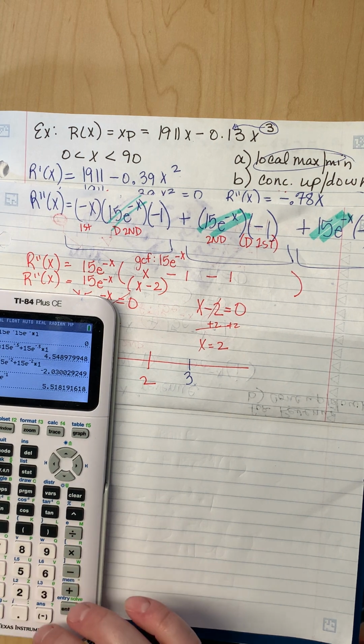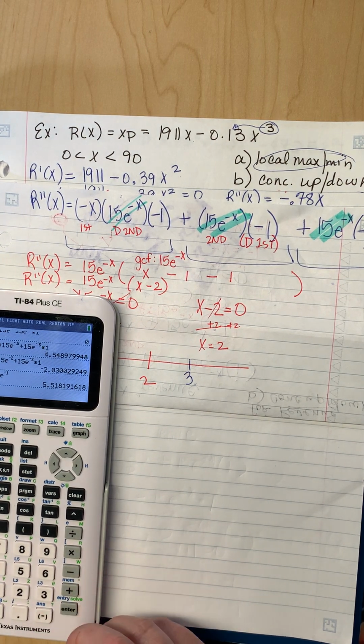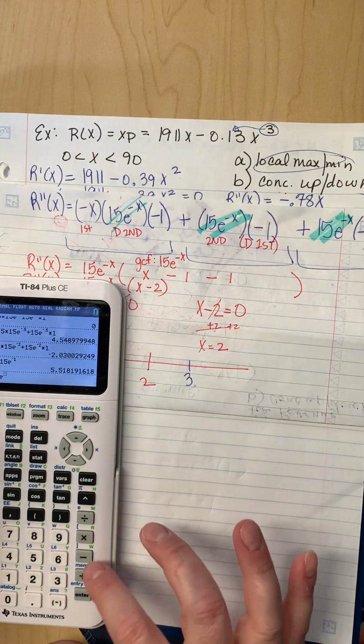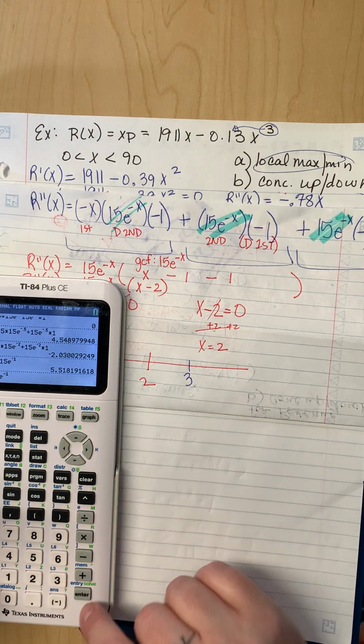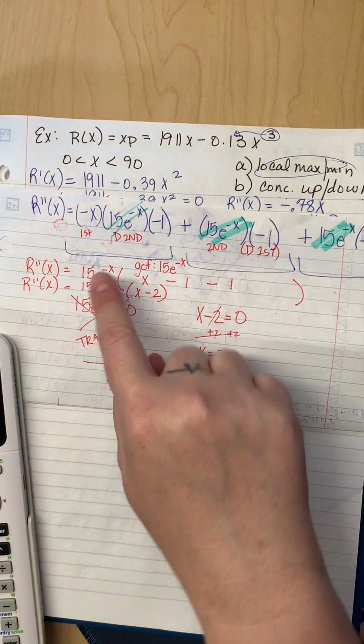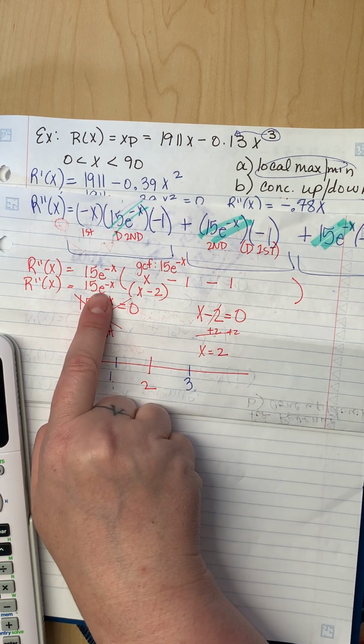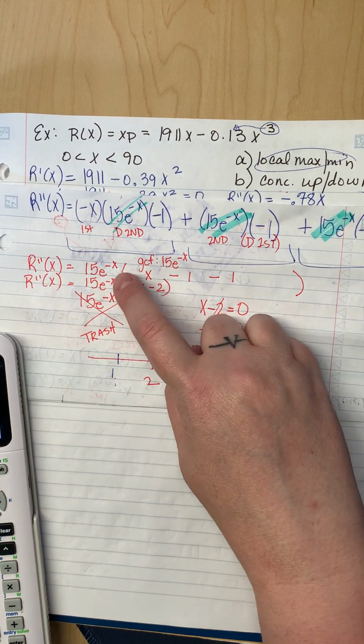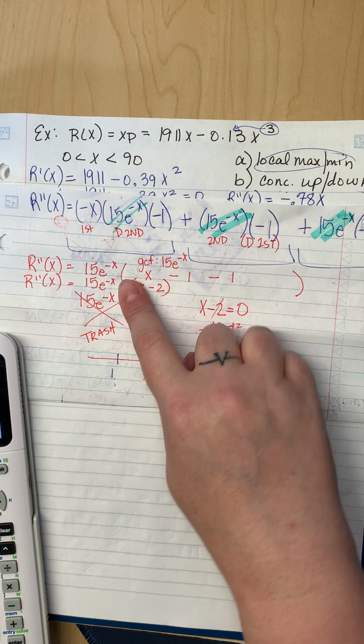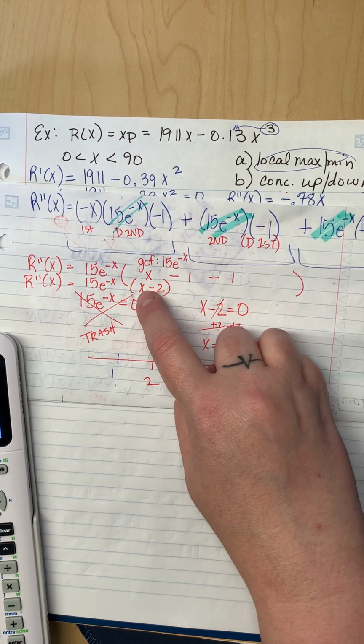So 15 e to the negative 1, I typed that wrong, negative 1, because we're typing 15e to the negative of whatever x value I'm plugging in, 1. Then open parentheses, 1 minus 2.